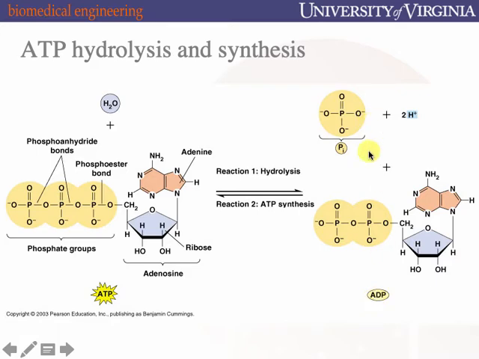This hydrolysis reaction is highly exergonic. I think I have that on another slide coming up. Delta G, very negative, very thermodynamically favorable, and can be coupled with other thermodynamic processes in the cell to get you over the thermodynamic hurdle, enable things to occur by coupling them with ATP that wouldn't be thermodynamically possible otherwise.